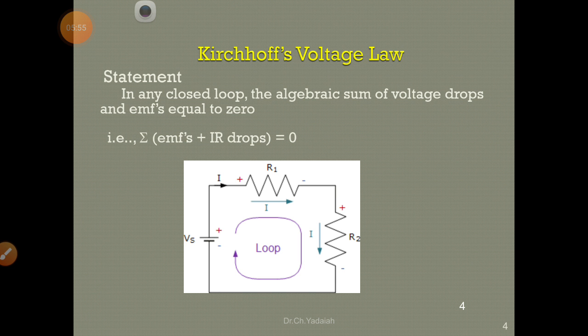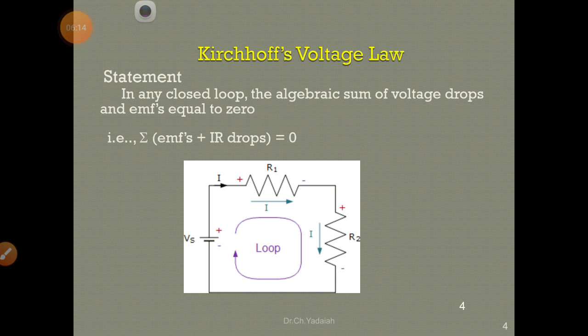What do you mean by the drop? Voltage drop. That is equal to current into resistance, IR drop. Your brother acts as one IR drop. Your brother has an R1 through which the current is flowing, same current, I into R1 drop, voltage drop.